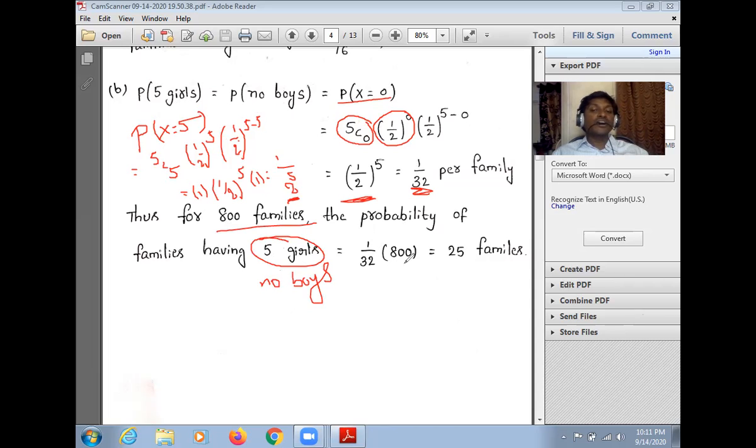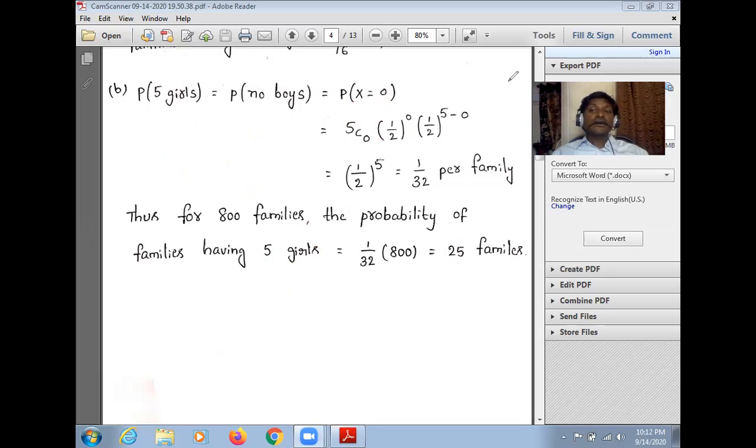So this is equal to 1 by 32 into 800. So this is equal to 25 families. It means out of 800 families, how many families having no boys? 25 families. So 25 families having no boys. It means all 5 children are only girls. Okay. So this is the second one.